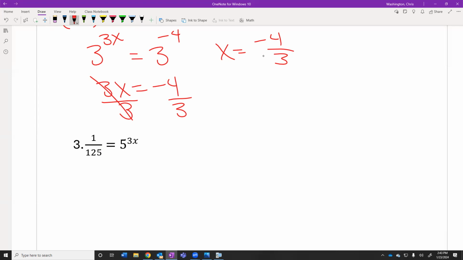And since the right side is already a 5, don't change the right side. Only change the left side for number 3. Do not change the right side. It's already 5. That's what you want it to be.